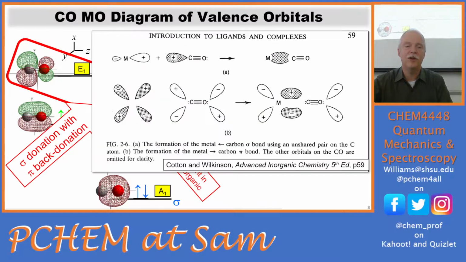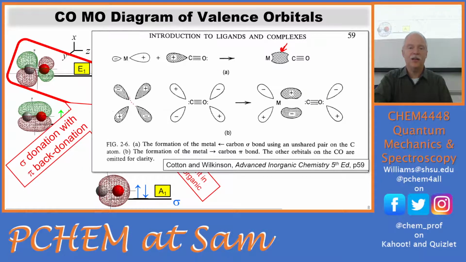Here's a page from the advanced inorganic textbook. And so that's what's being represented here. This is representing that bulge on the carbon interacting with an orbital on the metal and forming this strong interaction here.